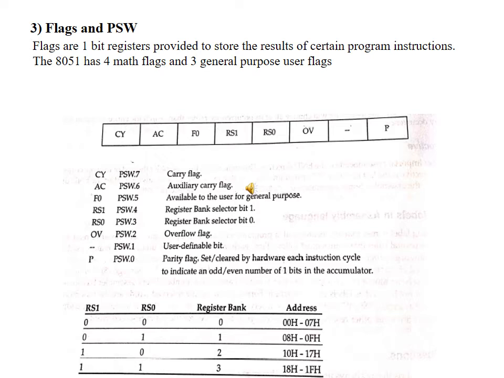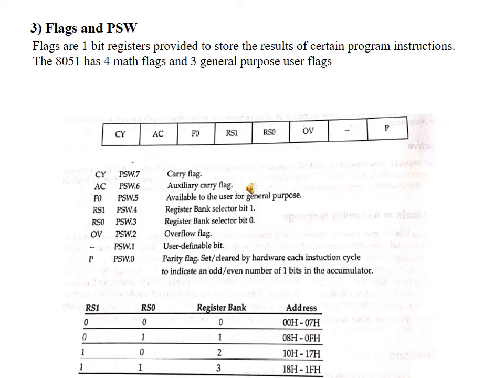So next is the flags and the PSW. PSW stands for the program status word. So these flags, they are the 1-bit registers which are used to store the result of certain program instructions. So some of the instructions are going to test the condition of the flag, and based on that they are going to take certain decisions.